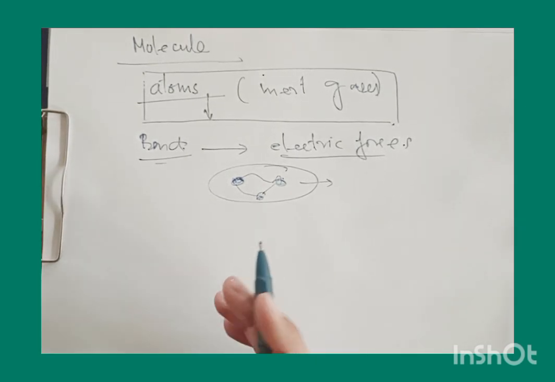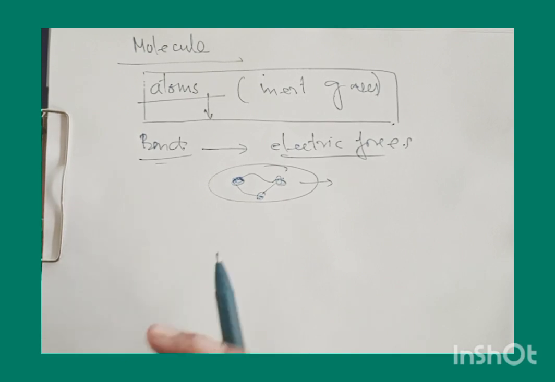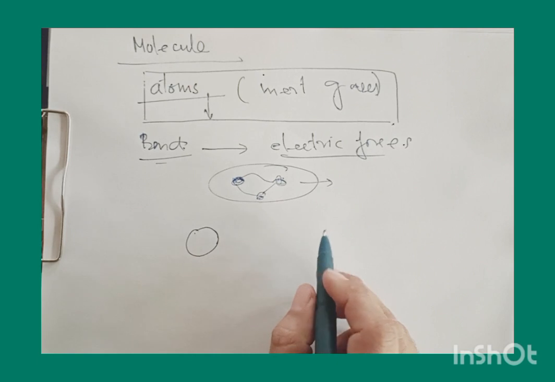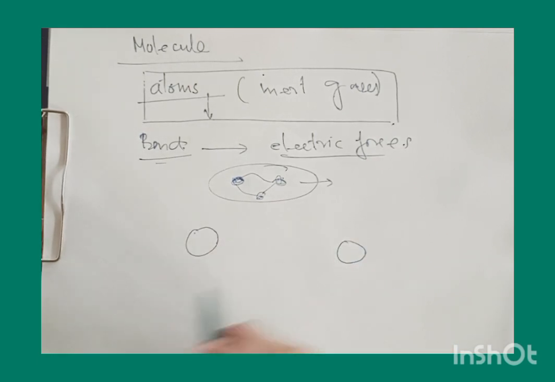For the case of, say, two hydrogen atoms, if I have a hydrogen atom and another hydrogen atom, and the water molecule, the two hydrogen atoms always exist in the water molecule with the addition of one oxygen.